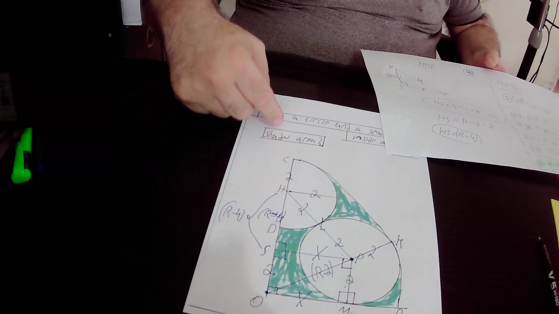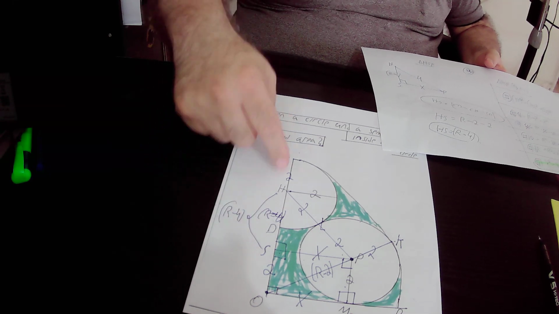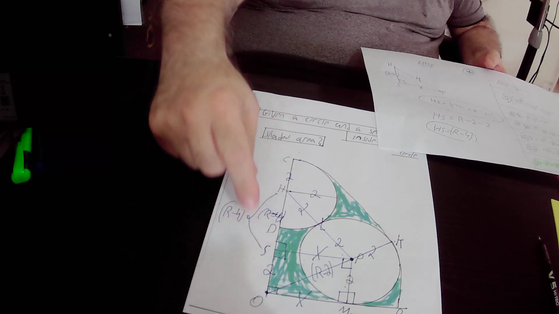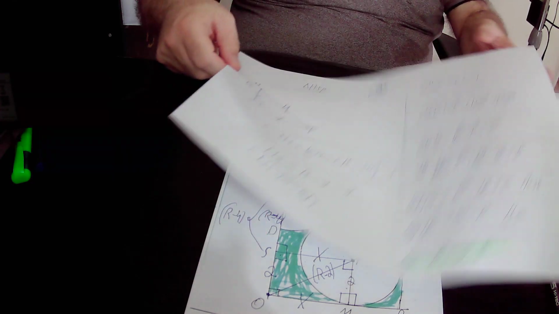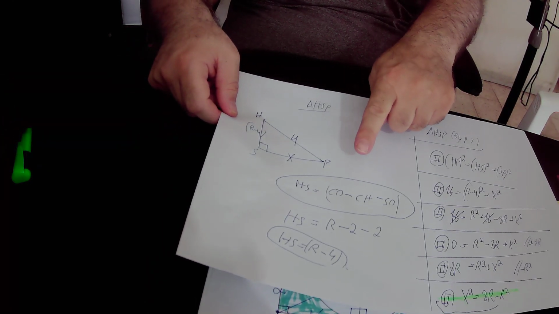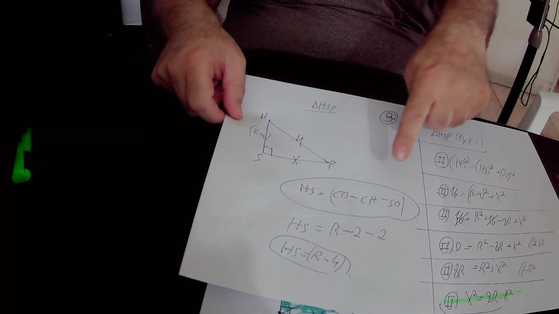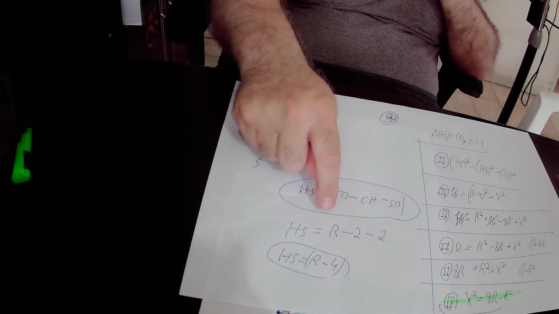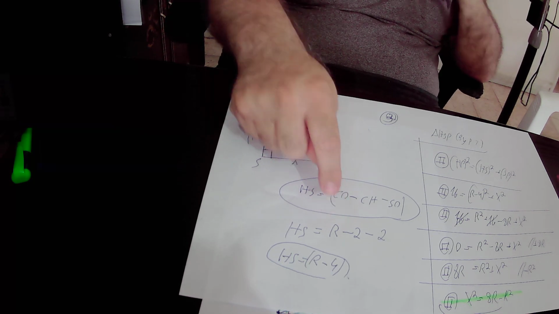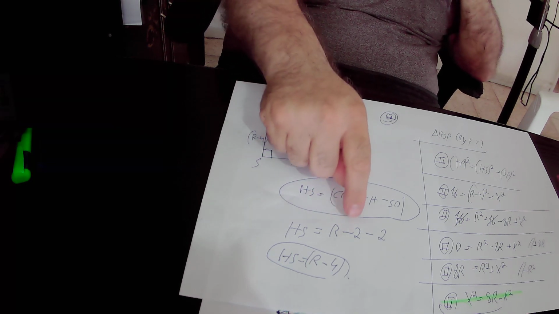It is equal to the radius of the quarter circle, that is CO, minus CH, minus SO. Again, HS equals the radius of the quarter circle, that is CO, minus CH, minus SO. Okay, CO is the radius of the quarter circle that is equal to capital R according to our definition.